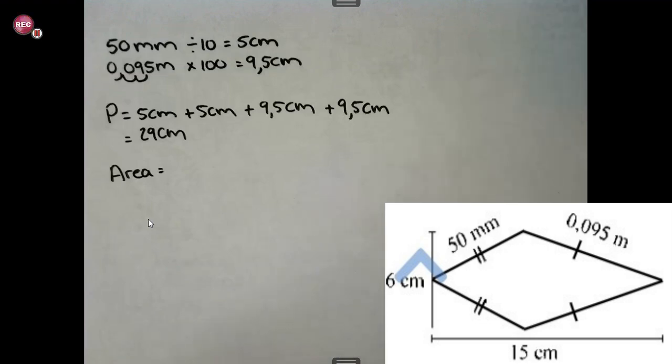Okay. So in this case, to calculate the area of the kite, because you're also working with triangles, you will also start with a half, like you did with the trapezium. And what you'll then do is you just multiply the 2 diagonals with one another.